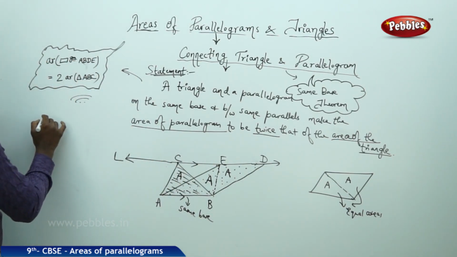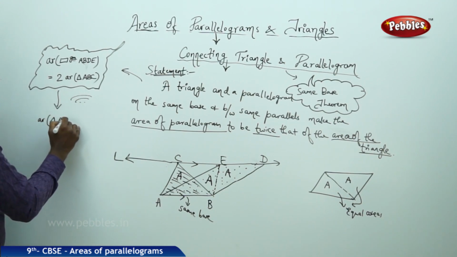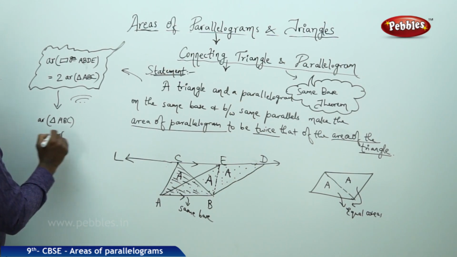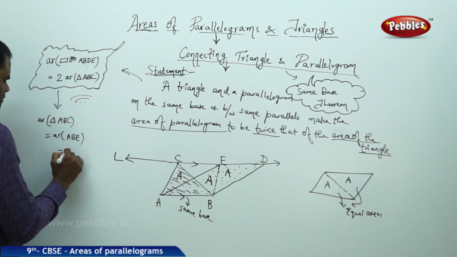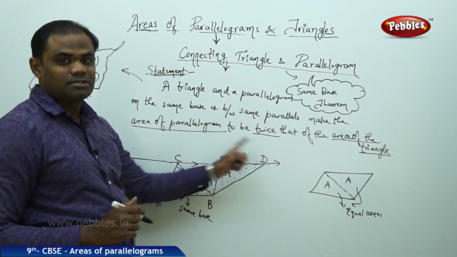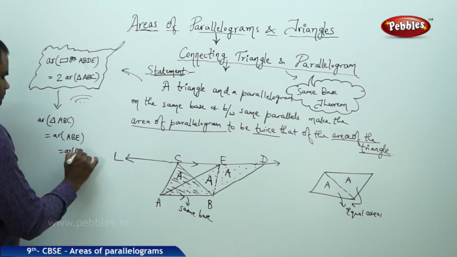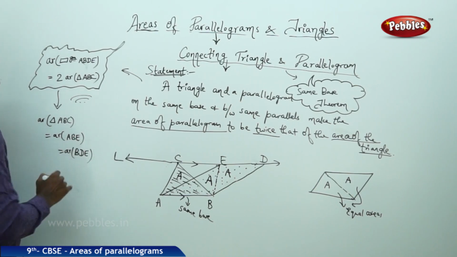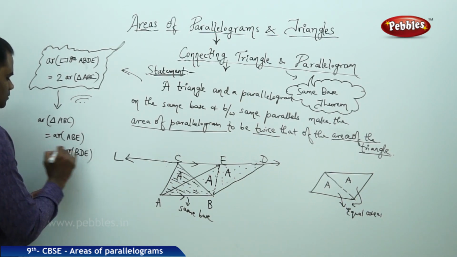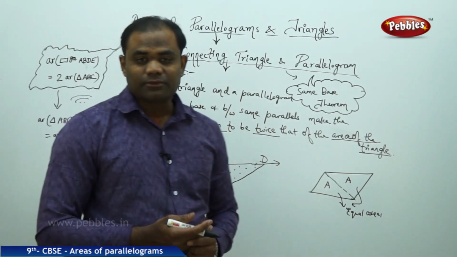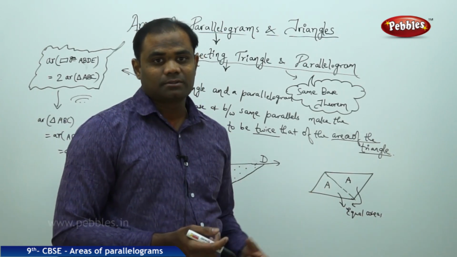So therefore, area of triangle ABC is equal to area of triangle ABE, which is equal to area of triangle BDE. All three areas being equal is how we get the three areas equal in this.